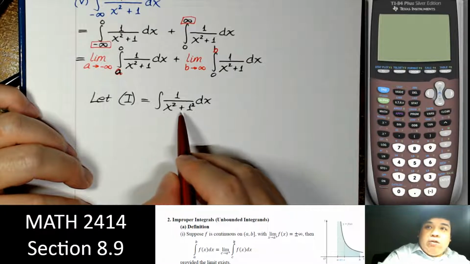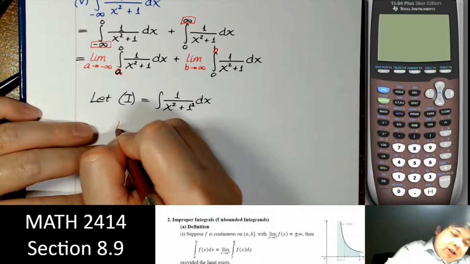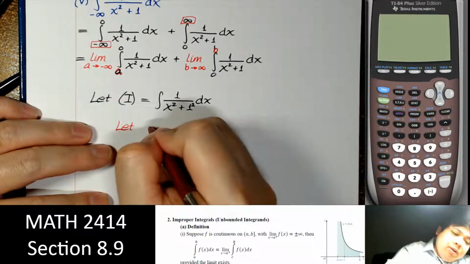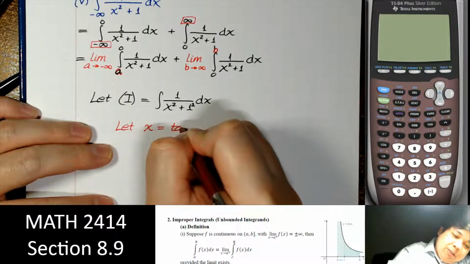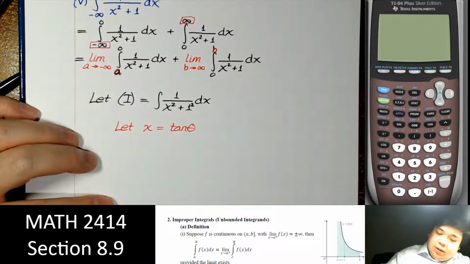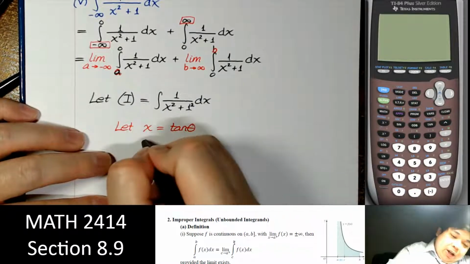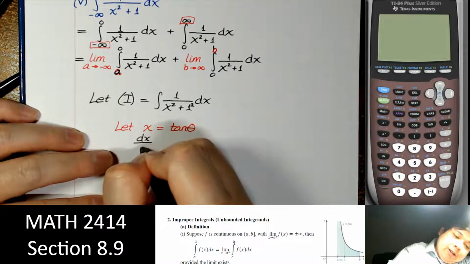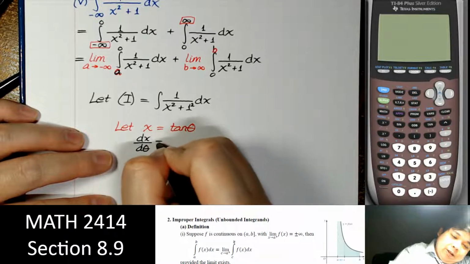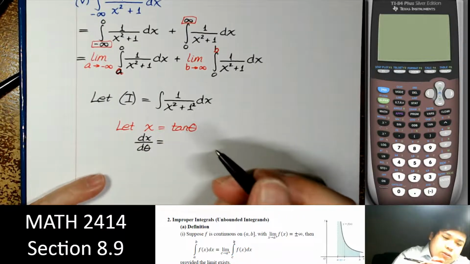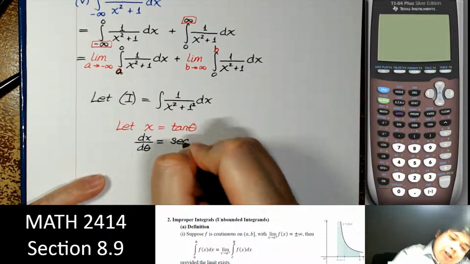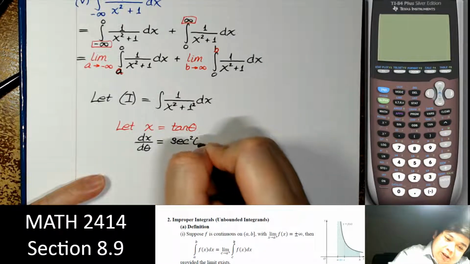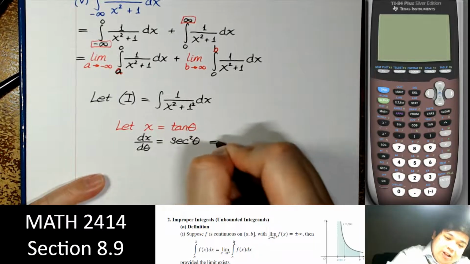That is a tangent, so let x be tangent of theta. So the derivative is secant squared, and move the d theta.